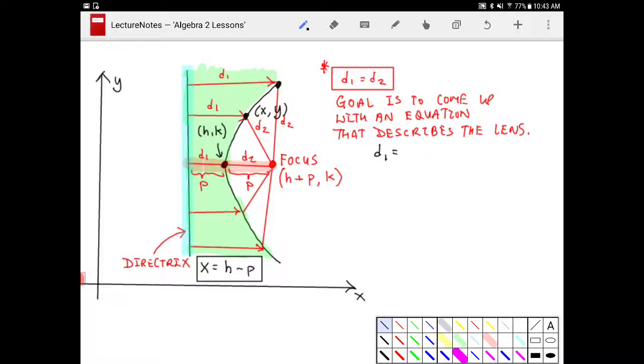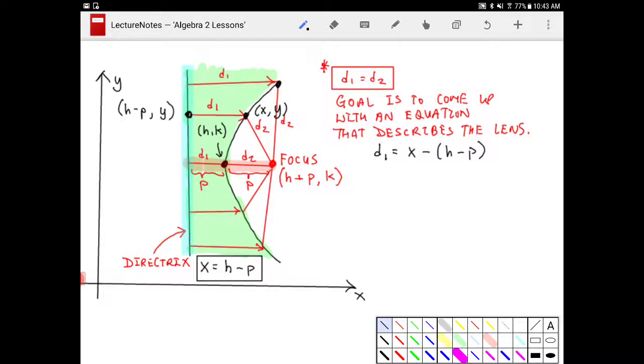In order to do that, it's just x minus h minus p. So this point right here has a coordinate of h minus p, comma, y, because it's on the same level as the point on the other side. It has the same y coordinate. This is a horizontal line.